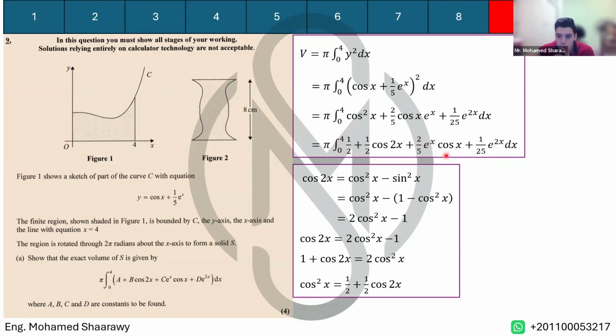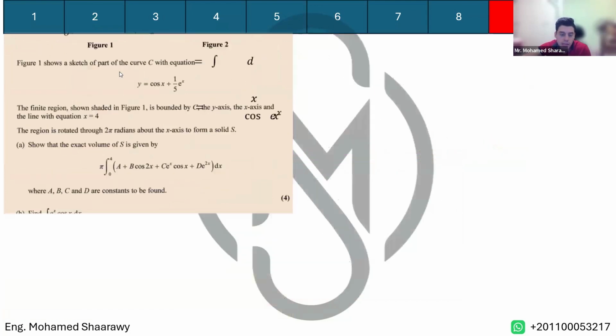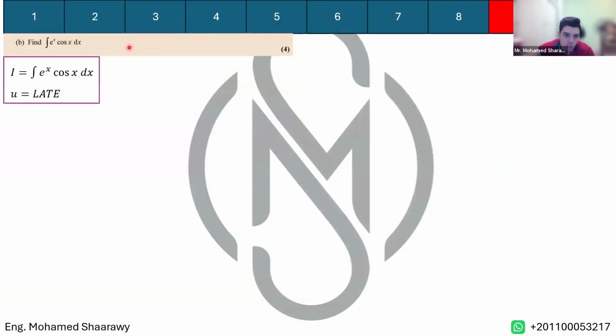This one is easy, so I think that's why he asks this in a separate question, to not make you lose some marks. So integrating this by parts, I ask myself, by the word LATE, is there any ln or log function? No. Is there any algebraic expression? No. Is there a trigonometric function? Yes, it's cosine x.